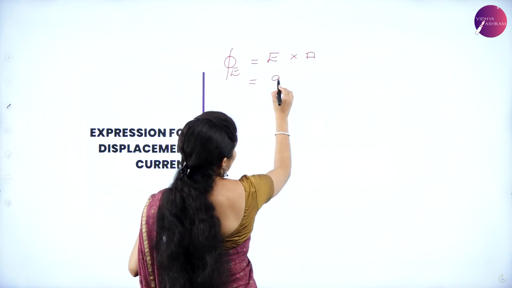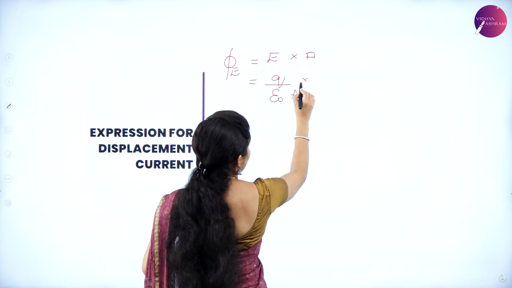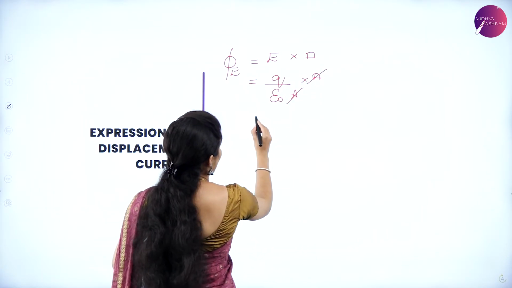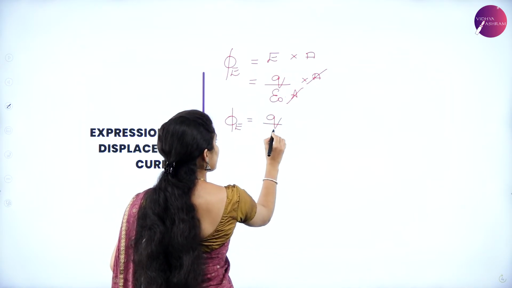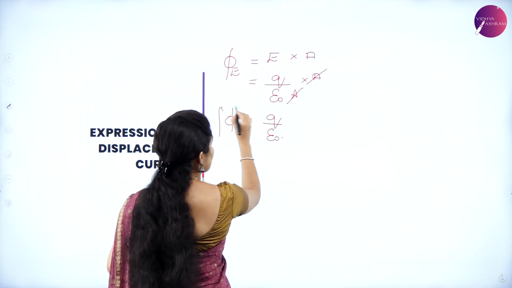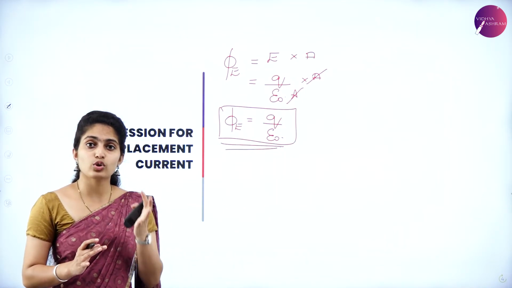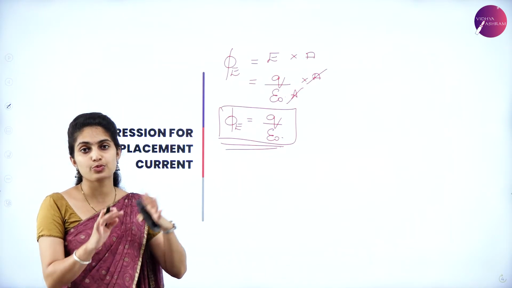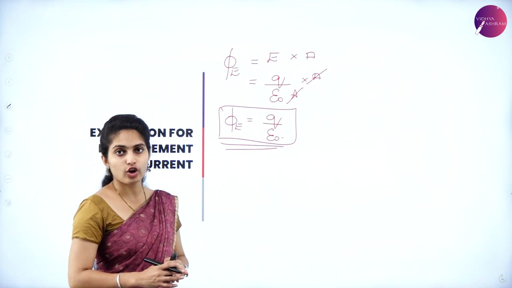It is Q divided by epsilon naught into A, and this multiplied by A. A divides A. So we have flux is equal to Q by epsilon naught, which is the same as the Gauss law equation. The total electric flux over the closed surface is equal to 1 by epsilon naught times the charge enclosed by the closed surface. That is nothing but the Gauss law.